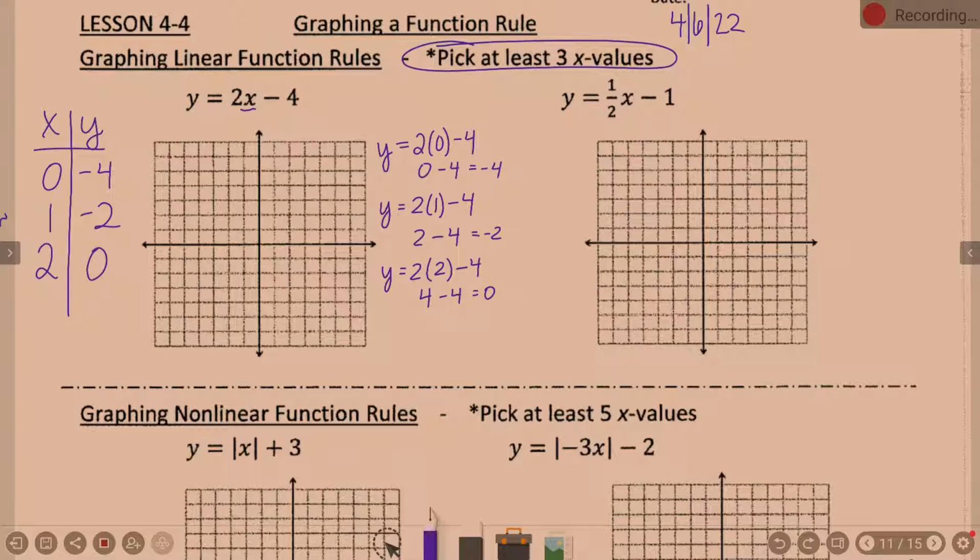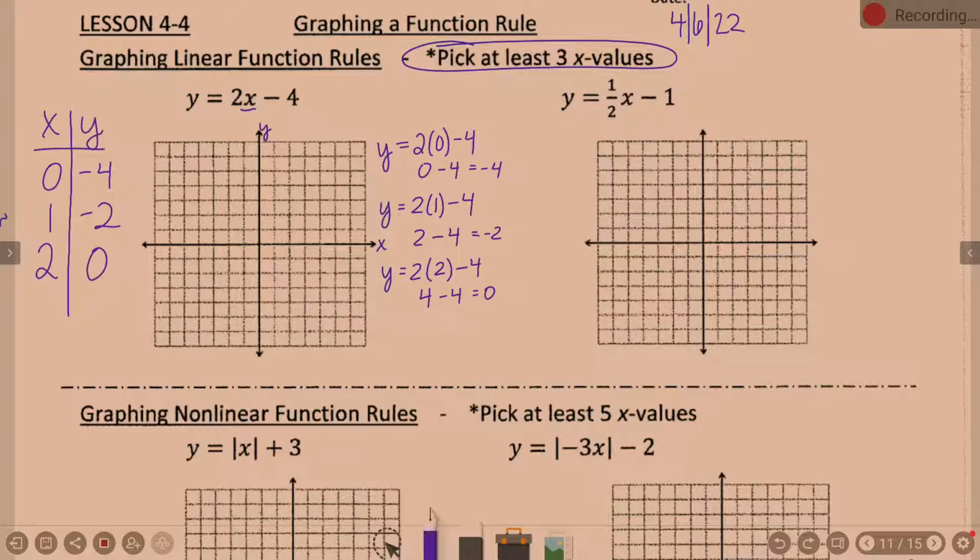Okay. Now, here's the other part of the question. Do you remember how to graph it? Okay, so XY pairs.